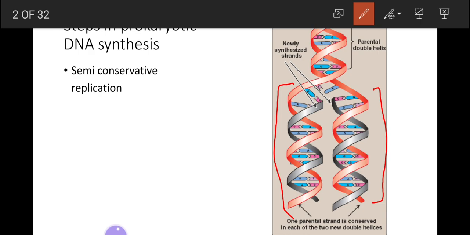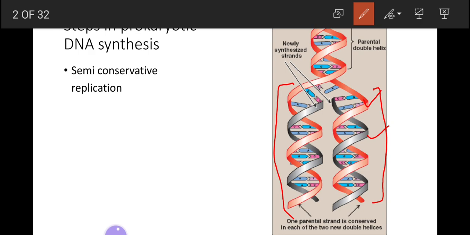The parental duplex is separated into two halves, and if we see the formation of the new strand, we notice here that in a new strand, one is the parental strand and another is the daughter strand.